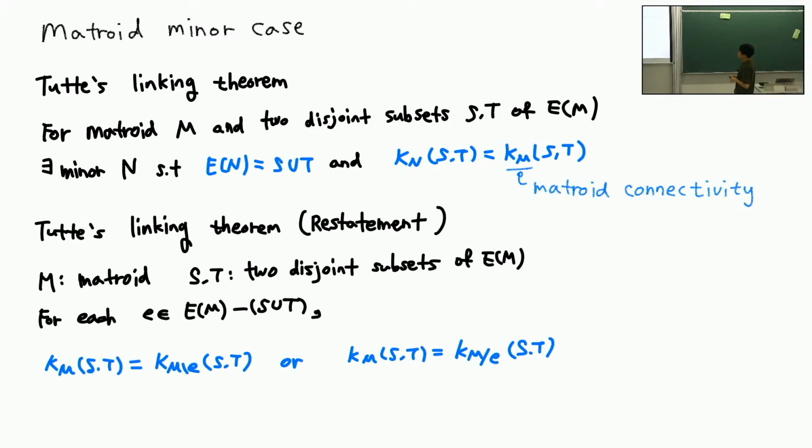So actually we can restate the theorem that for each element outside S union T, at least one of the deleting operation and contraction operation keeps the connectivity between S and T. So by recursively using this, we can reduce to get a minor whose connectivity is equal to the original one.